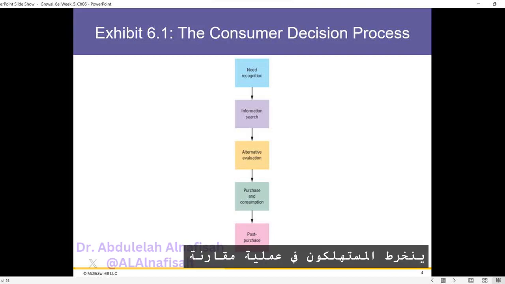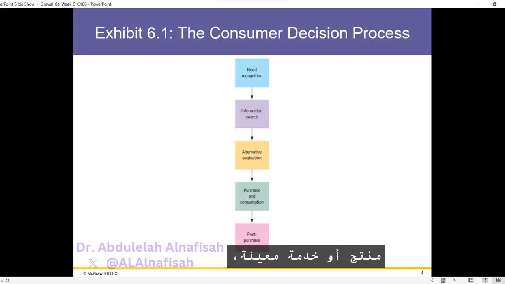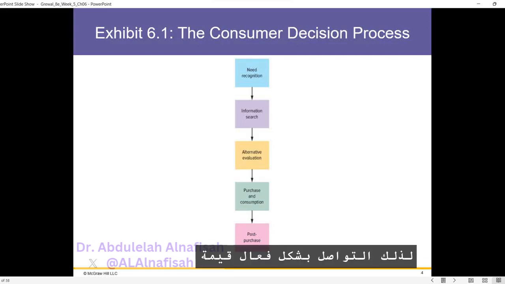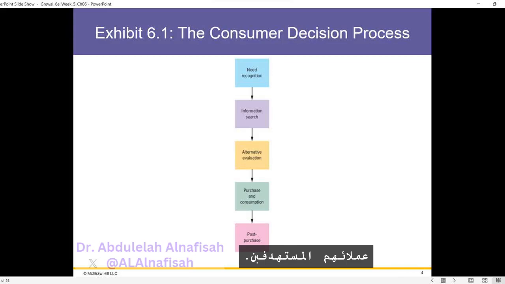Consumers engage in a process of comparing the ratio of benefits to costs for a particular product or service, and based on this evaluation, they make their purchasing decision. By understanding the consumer decision process and the factors that influence it, marketers can tailor their marketing strategies to effectively communicate the value of their offerings and meet the needs and preferences of their target customers.